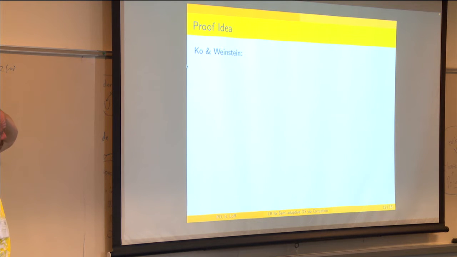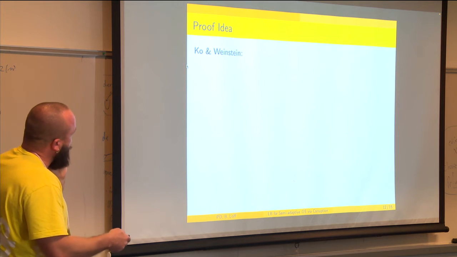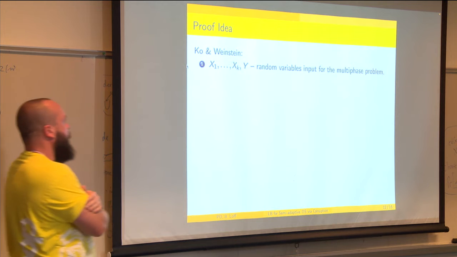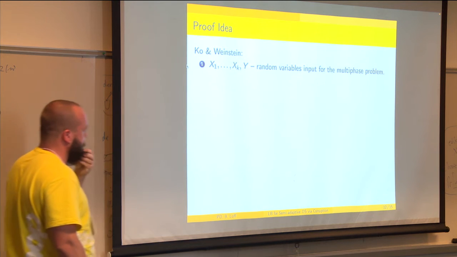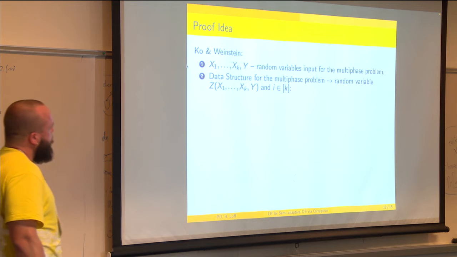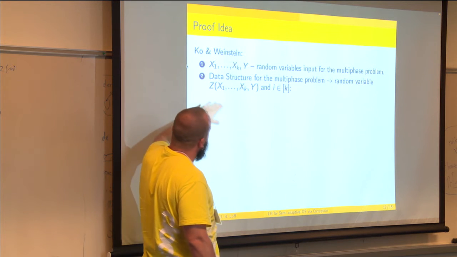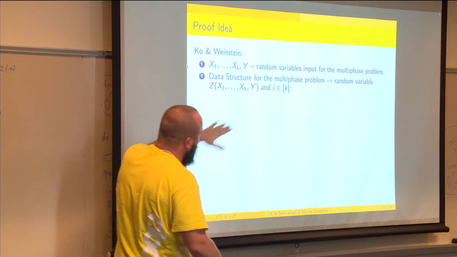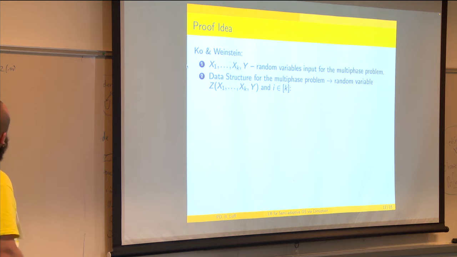Okay, so what are the proof ideas of this? Yang and Omri use the following. They have some random variables for the multi-phase problem, and from the data structure they get some other random variable z, and there is some middle communication problem, but it's a weaker communication game, and they introduce a fourth party in it.